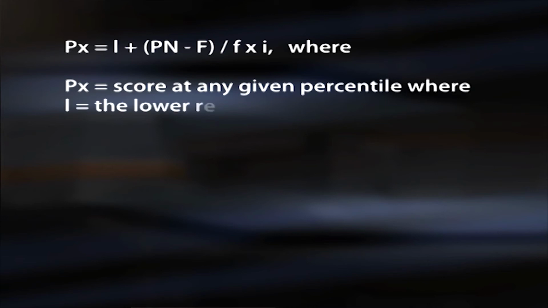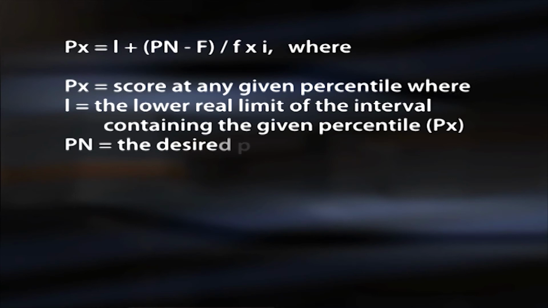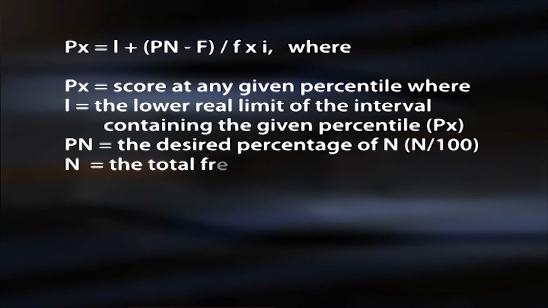The general formula which can be used for any value of Px is Px equal to L plus Pn minus capital F divided by small f into I, where Px is the score at any given percentile, where small l is the lower real limit of the interval containing the given percentile Px.